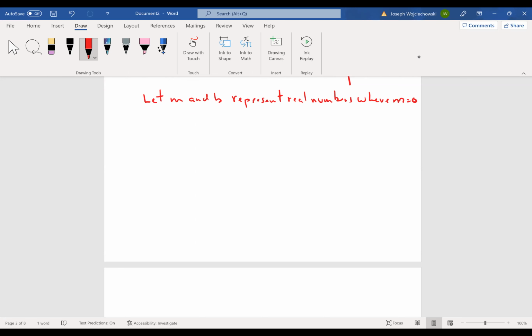So a function defined by f of x equals mx plus b is a linear function.